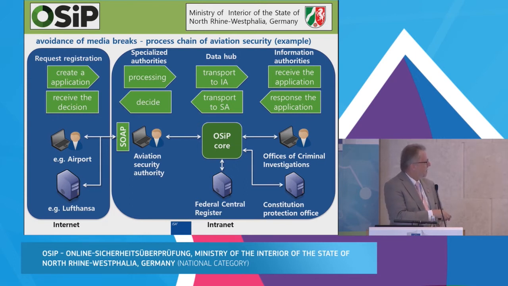And the people in the Aviation Security Authority collect the responses from the security administration and say, is it a good guy or a bad guy? And that's without media breaks.